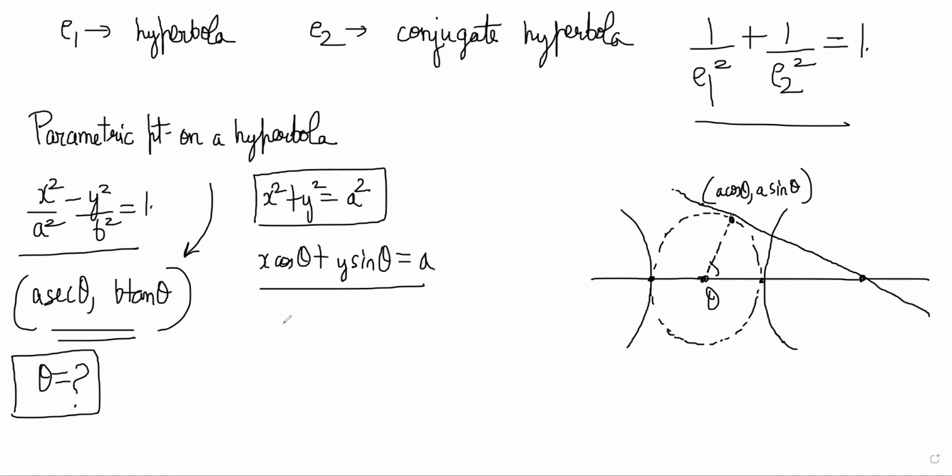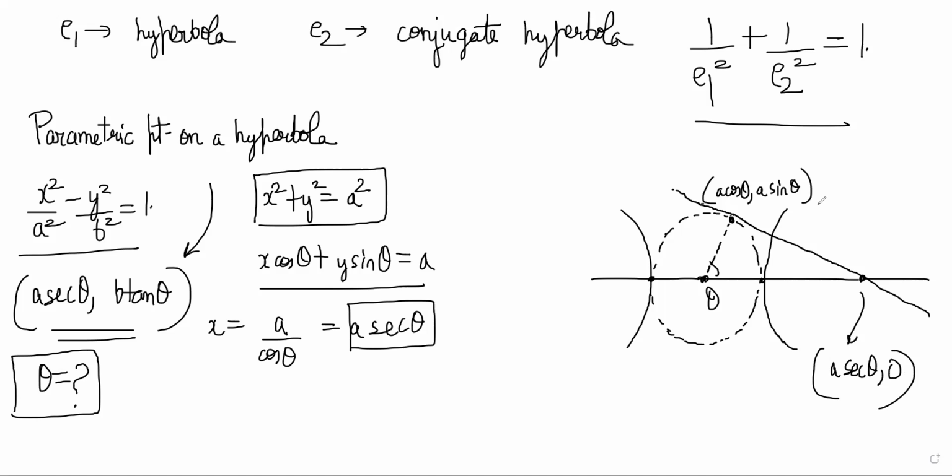So put y is equal to 0, you get x is equal to a by cos theta, right? Or a sec theta, correct? So this point is a sec theta comma 0, right? And now you simply draw a perpendicular line to it, and this point is the corresponding point on the hyperbola.